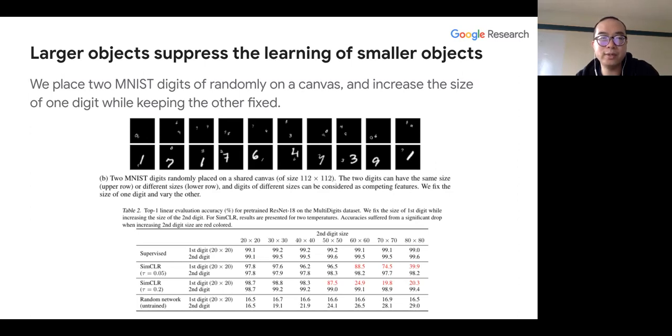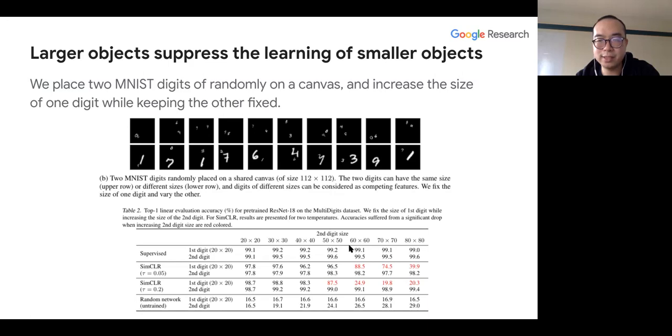And then what we're going to do is increase the size of one of the MNIST digits. At evaluation time, we're still going to take a single digit and then train a linear classifier. We train it for the smaller digit and the bigger digit. And what you can see in the result here is that the first digit is always going to stay the same size, and for the second digit, you can increase its size.